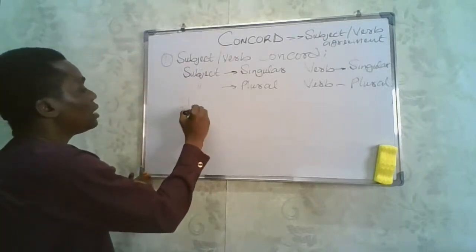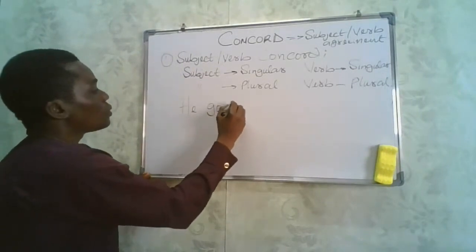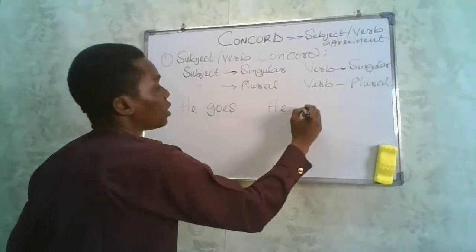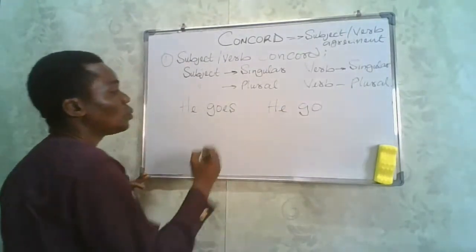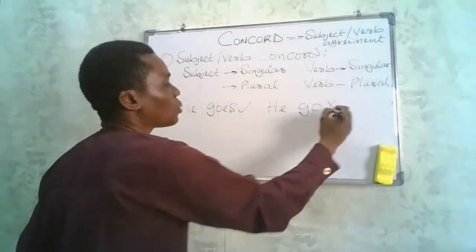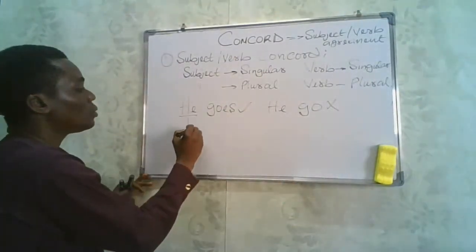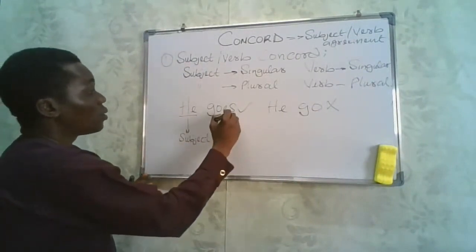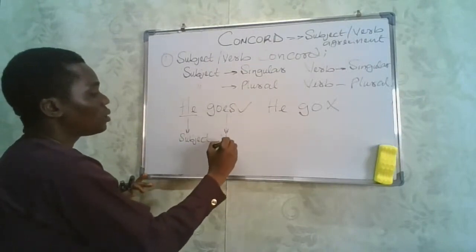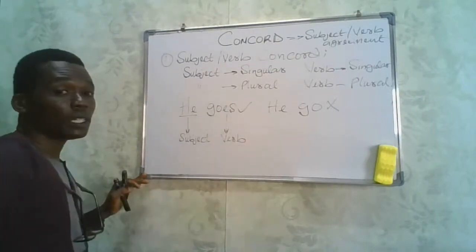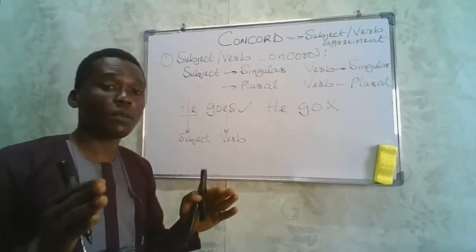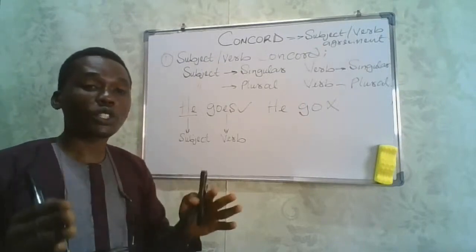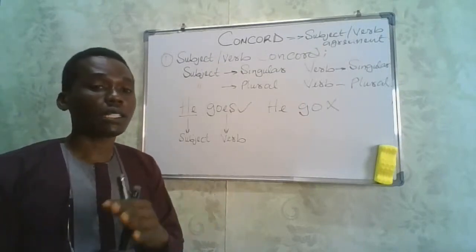Now, let's take a good example. We can say he goes, not he go. So this is right, while this is wrong. Why? Because this is a singular subject and it must go with a singular verb. Remember I told you that singular verbs should have s at the back, or the actions must come with s at the back.